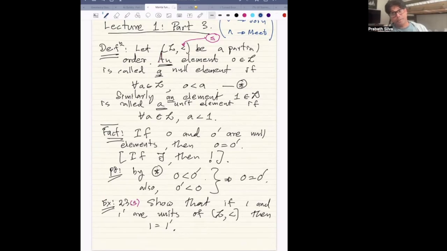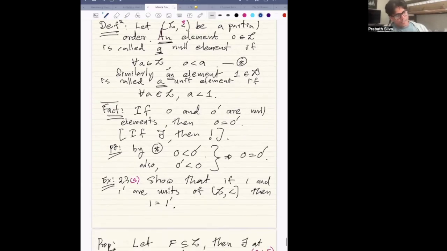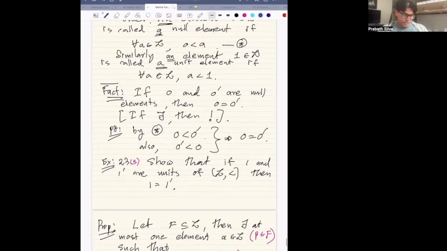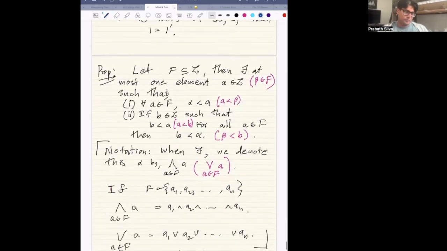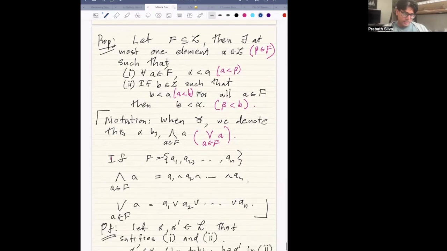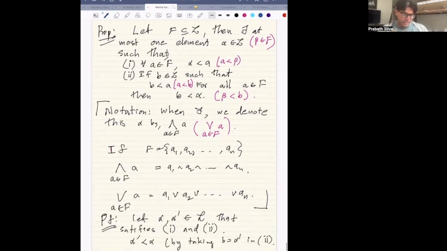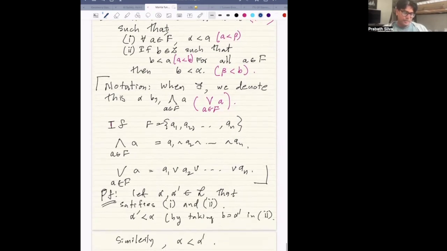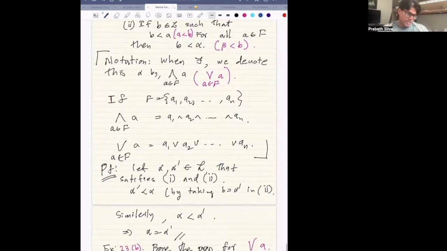But I'm not claiming that those things exist all the time. Then I define the null element and the unit element, and this is for the join and the meet. The one that looks like the intersection is the meet.